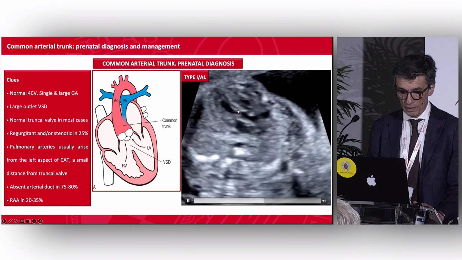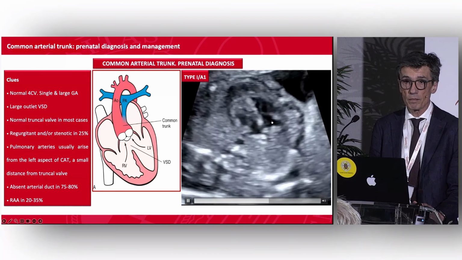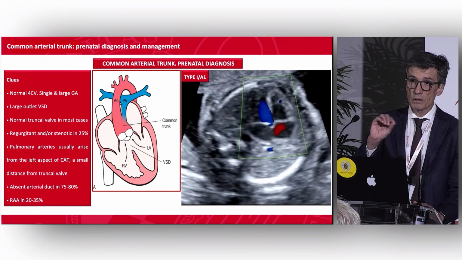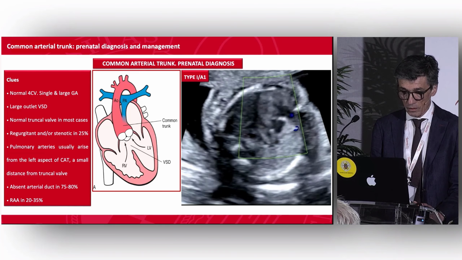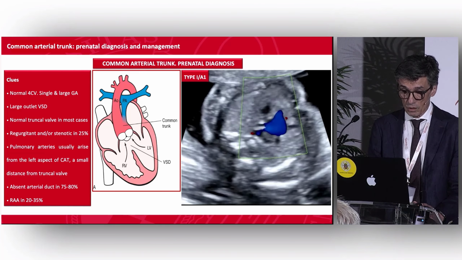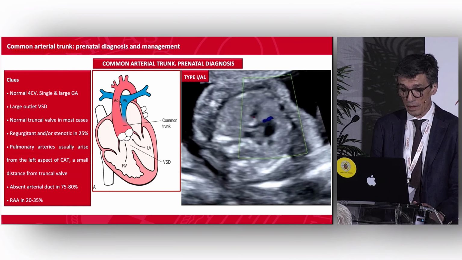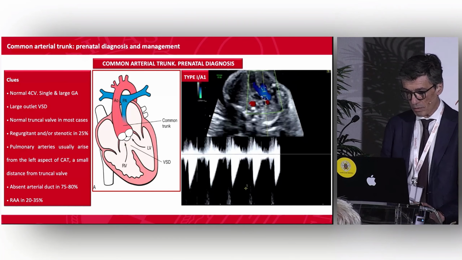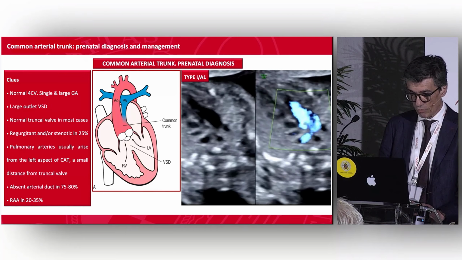The key is to see that there is no pulmonary trunk connected to the right ventricle, and this large vessel overrides the septal defect. This is how to differentiate this condition from the tetralogy of Fallot.